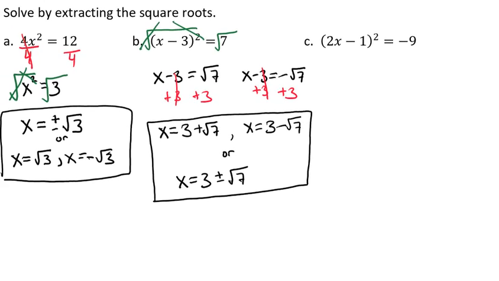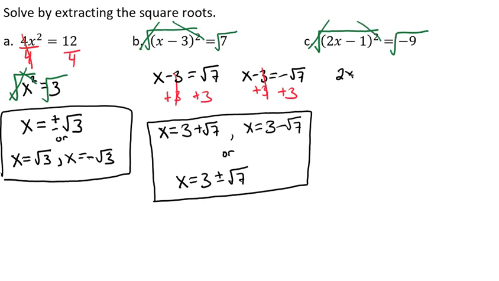Let's do one like that one more time. Here we have the quantity 2x minus 1, so there's a little more happening inside the parentheses, but that quantity is squared and it's going to equal negative 9. What we're going to do is square root both sides first, and our square root is going to undo the square.